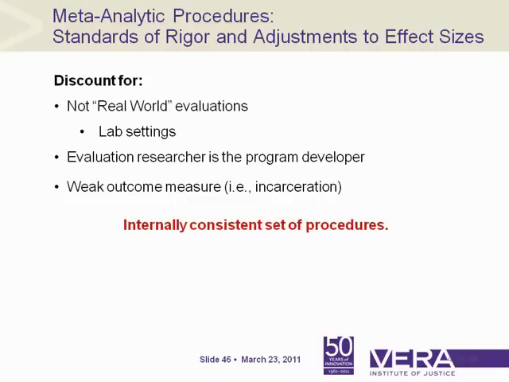And then the important thing here is that whatever you come up with for your adjustments to effect sizes, you want to make sure that you come up with an internally consistent set of procedures. There might be drift from day to day or from researcher to researcher, so you want to make sure that you're always going back and cross-checking between coders and making sure that you're coding things consistently.